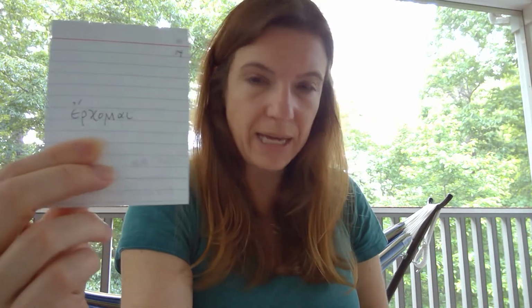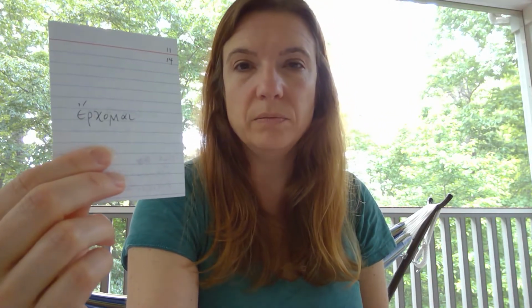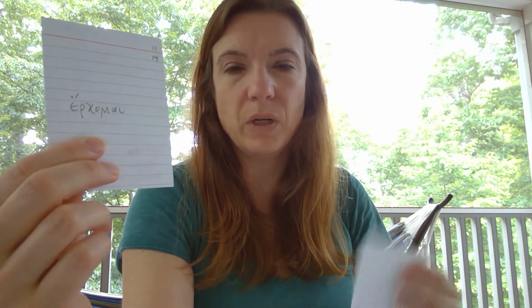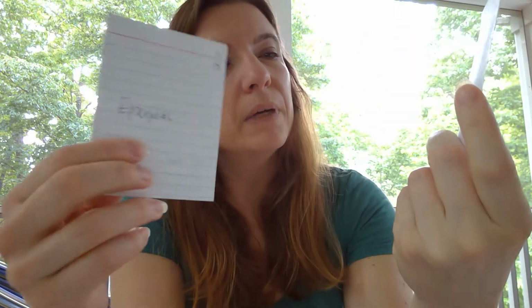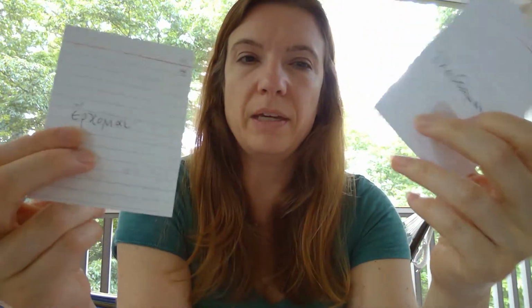Okay, we had erchomai, right? I come, I go. And then this one, okay, let's talk about liquids. So liquids are consonants that we say without actually touching parts of our mouth together. That's why it's called a liquid. It just kind of flows over the different parts of your mouth. So in English, the most common liquids are r and l, right?